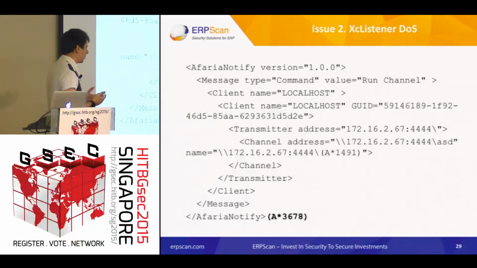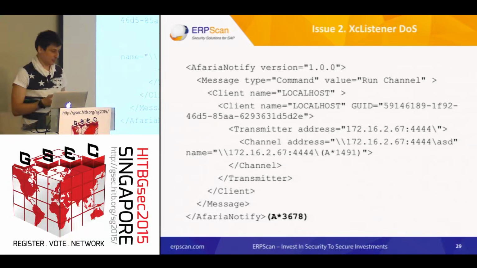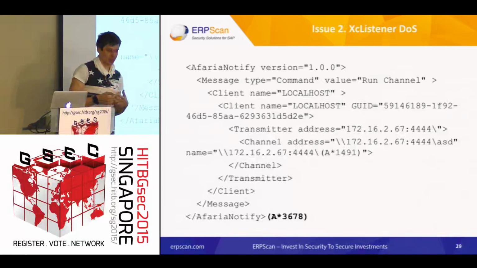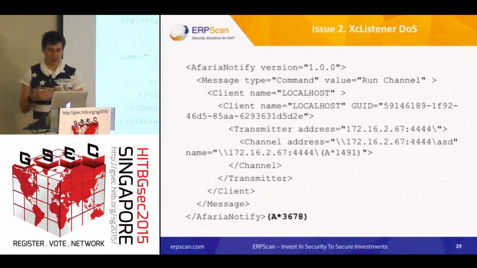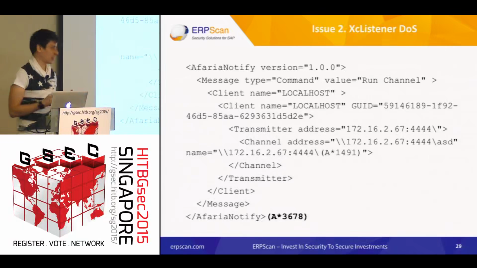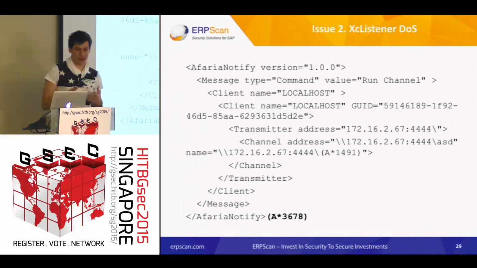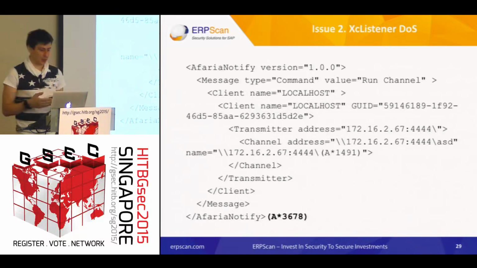So that's how an attacker can easily stop SAP Afaria. The vulnerability is very easy, but for big companies even this type of denial of service attack is very dangerous, because if we can stop an ERP system or another critical system, some business processes can be stopped also.